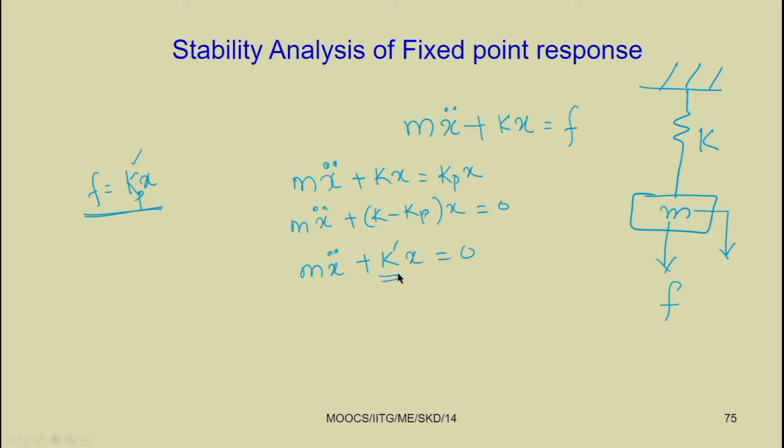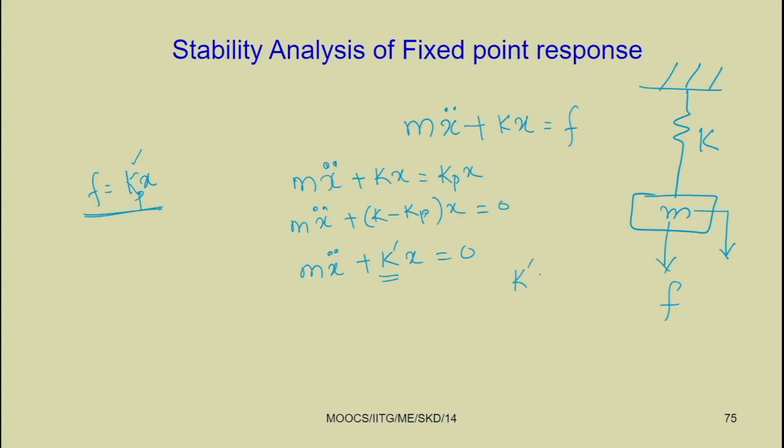So, here depending on the value of k dash, if k dash is greater than 0, you know already that this equation can be written in this form: x double dot plus k dash by m x equal to 0.